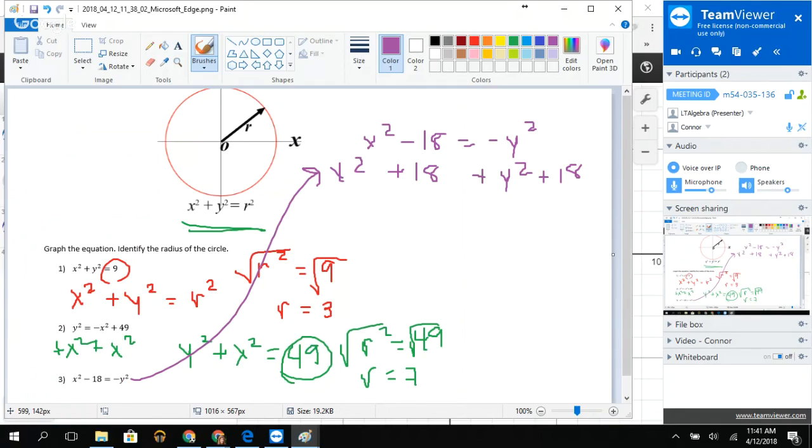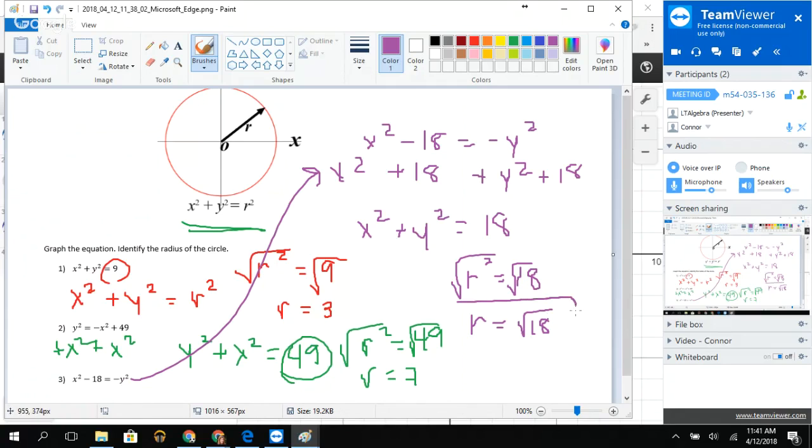That's kind of messy. All right, so what I basically end up with is x squared plus y squared equals 18. So that means my radius squared equals 18, or my radius equals the square root of 18.